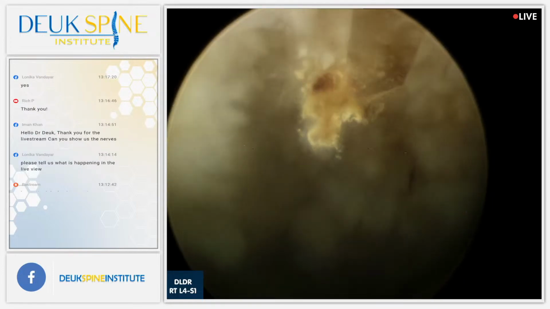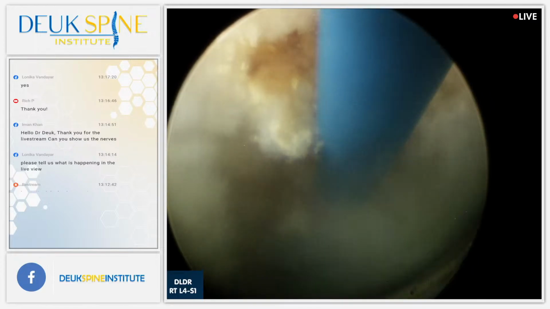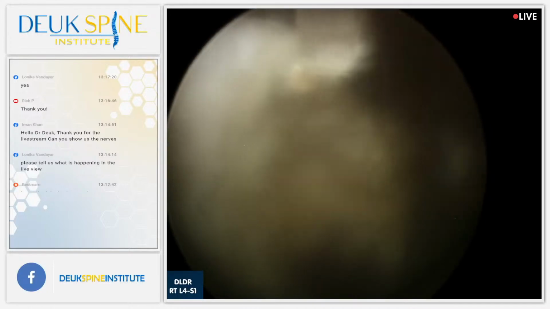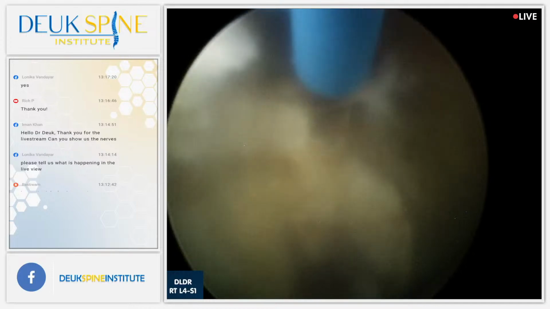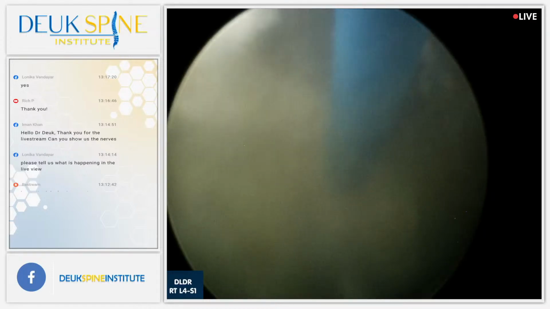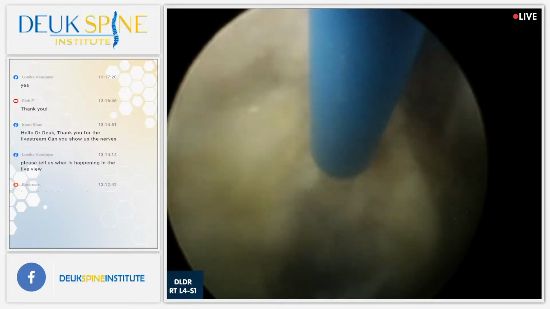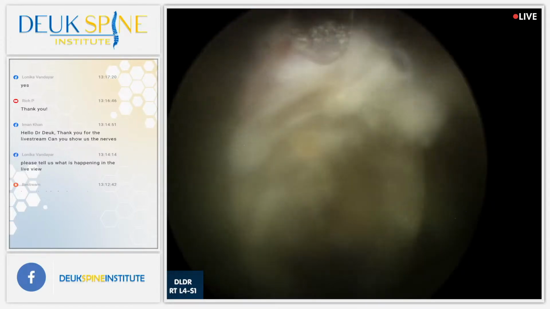It's transmitting energy from a giant laser machine in the operating room to where I'm working under the scope, which is this herniated disc. And it's breaking it up into little pieces so I can get rid of it. It's called vaporization.